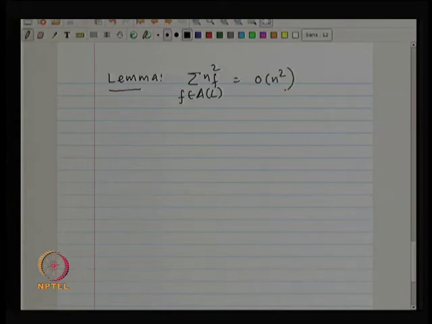That is what I had proved last time, and the proof was as follows. First, some simple algebra, right. So, if you want to write x square, you can write it as 2 times x choose 2 plus x.